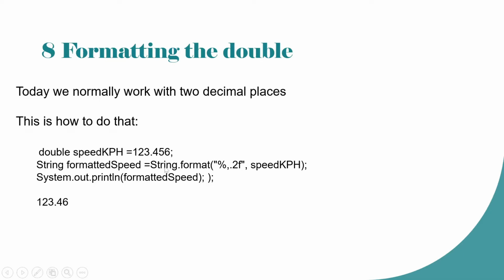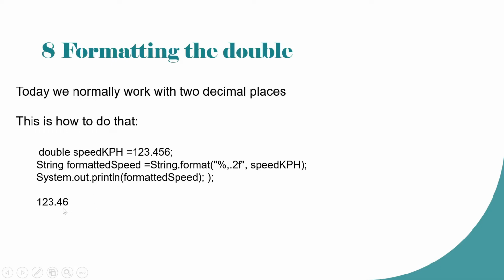And you will notice that this is a static method because String is declared here in uppercase, and we are not calling a variable, a string variable, but we are calling the static method of the String class here. And then that's the value that it's going to put in that string, and then when I print it, I get that.